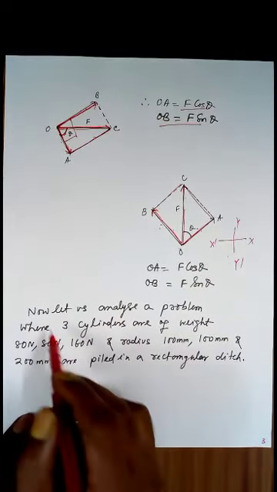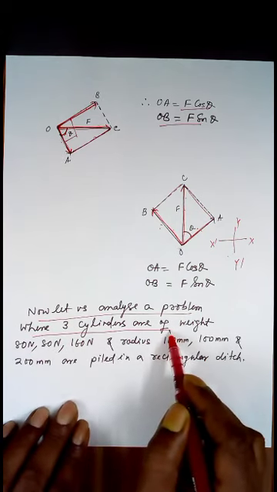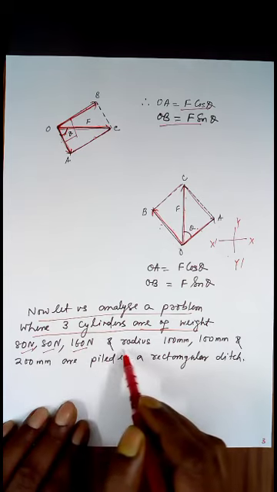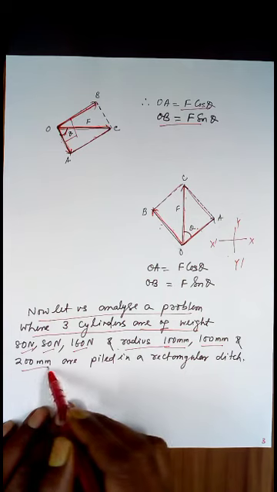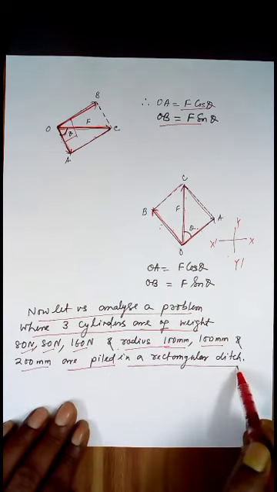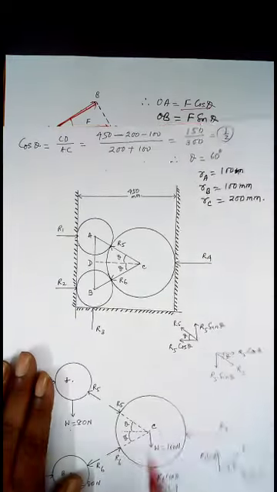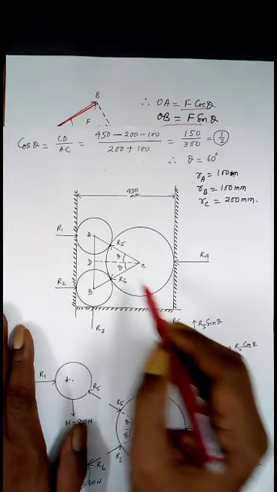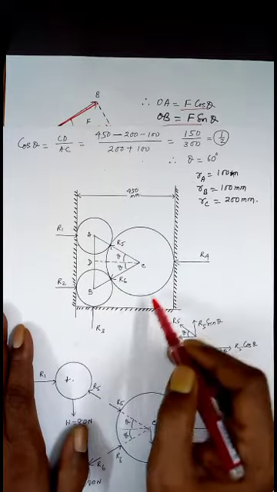Now let us analyze a problem where three cylinders of weight 80 Newton, 80 Newton and 160 Newton, and radius 100 millimeter, 100 millimeter and 200 millimeter, are piled in a rectangular ditch. This is a rectangular ditch, and this is one cylinder, this is another cylinder, this is another cylinder.